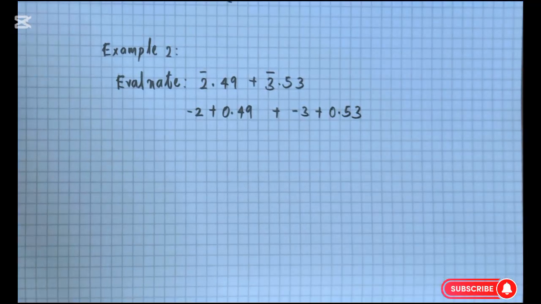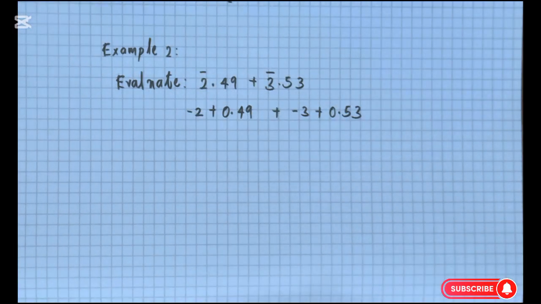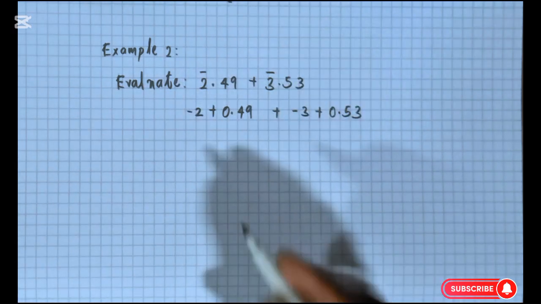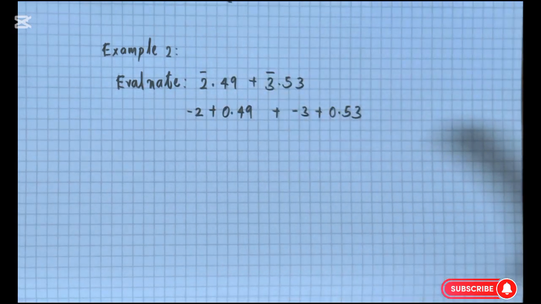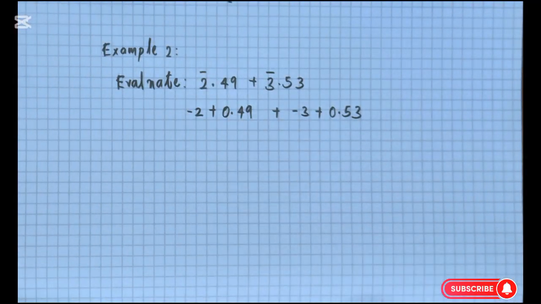All right, so for us to perform this operation, I'm going to rearrange these numbers in a format that is easy for you to understand. Basically I'm going to have the negative numbers adding themselves, and the numbers greater than 1 separately, performing the operation on them separately.